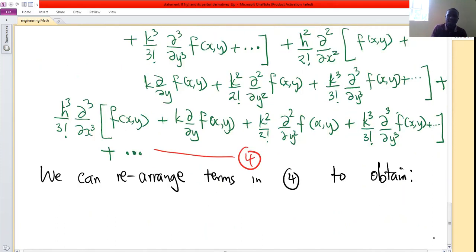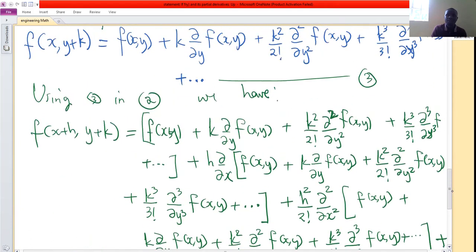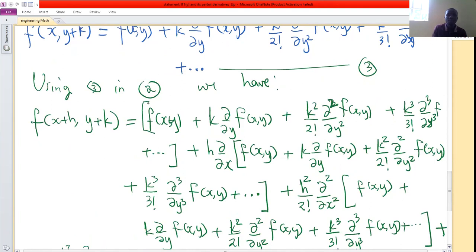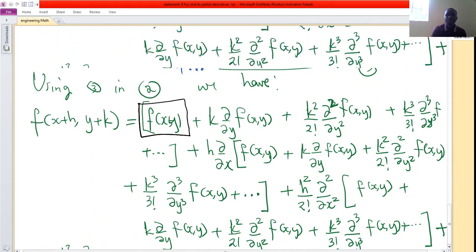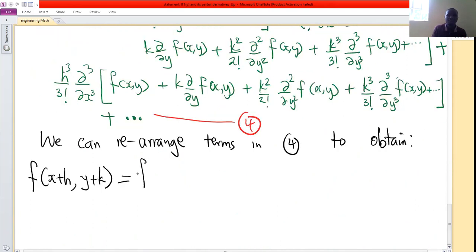So left hand side is f of (x plus h, y plus k) equals, so we start by those terms without any partial derivative, and as we see, it will be only this term. This is the only term that will not have a partial derivative. So the first term will be f of (x, y) plus.